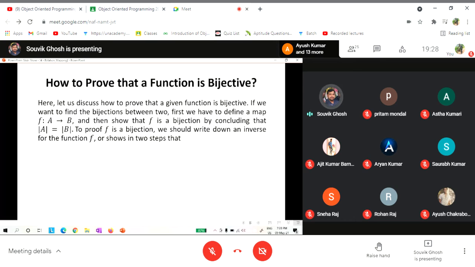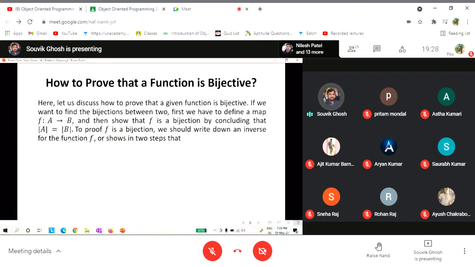By concluding that, we should conclude at first that the cardinality of the set A is equal to the cardinality of the set B. Cardinality is also written in this format, mod of A and mod of B. These symbols represent the cardinality of a set.